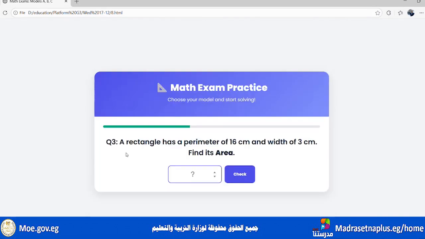We got it before, how to get a 16 centimeters perimeter. If you have dimensions 3 and 5, 3 and 5, it will be 16.